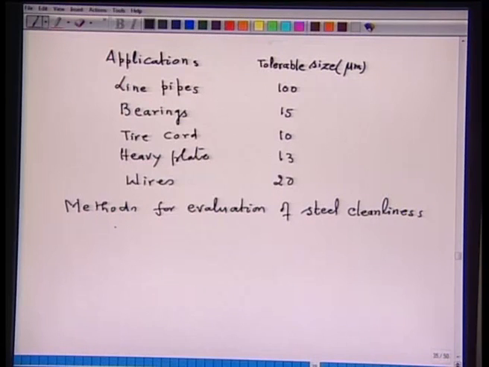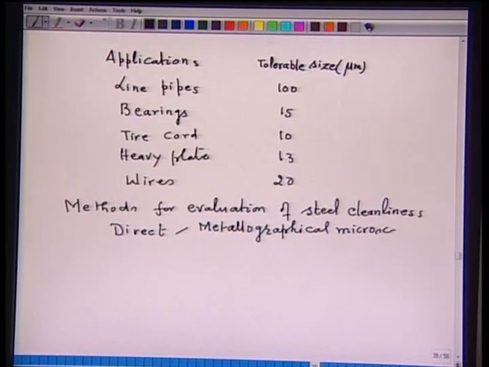First, I will classify them as direct method and indirect method. Among the direct methods, one is the metallographical microscope. That means, take a specimen, polish it, and it is seen under the microscope, and the microscopic analysis can tell the number, size and size distribution of inclusions.